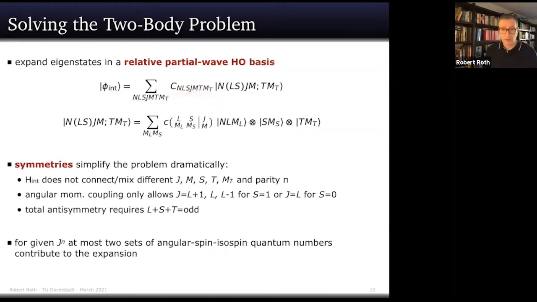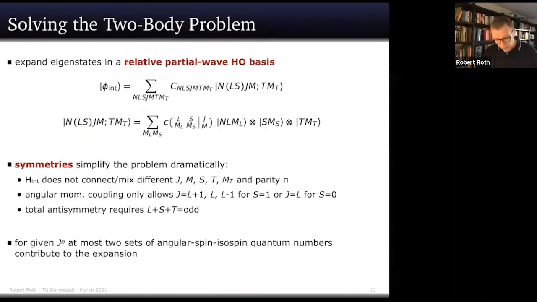So this is a huge thing. It's kind of the complete basis of this relative part of the Hilbert space. And these states, we discussed them before, they are just angular momentum coupled states for the relative harmonic oscillator, spin and isospin. So nothing new here. I can again use all these symmetries that I mentioned before. The fact that mainly due to rotational symmetry, the Hamiltonian does not have non-zero matrix elements between many of the combinations of quantum numbers.